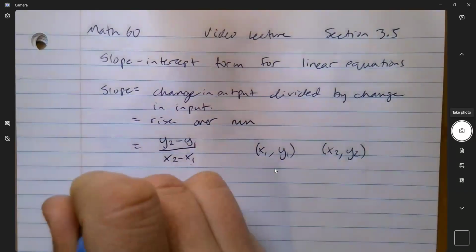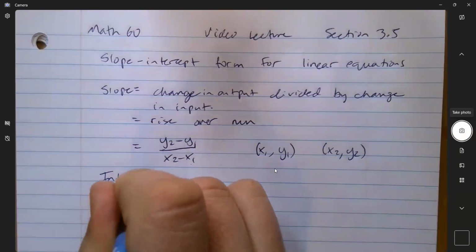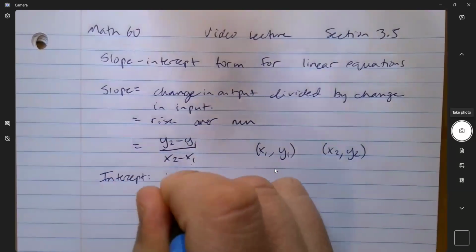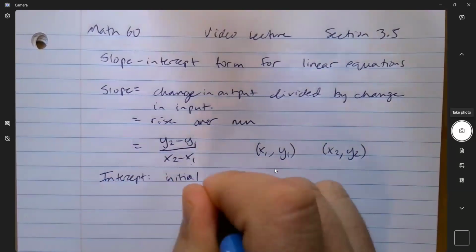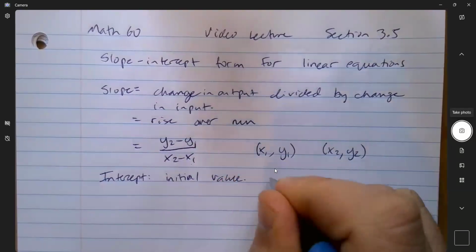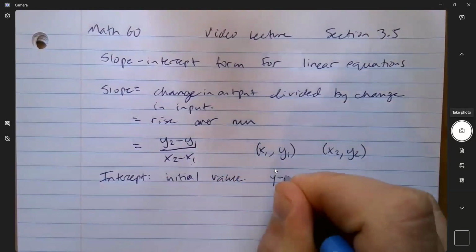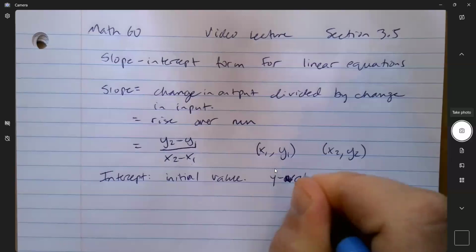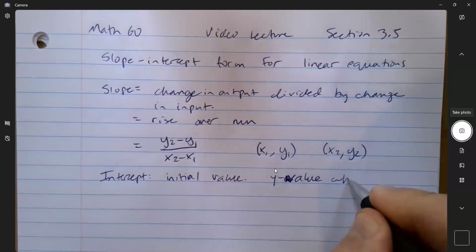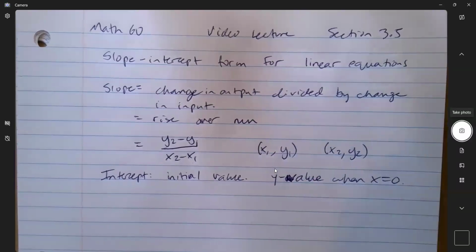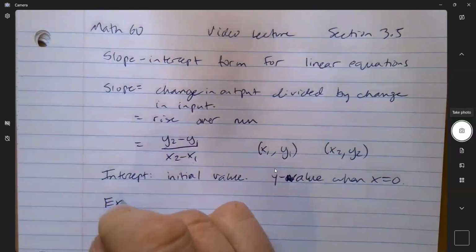The intercept part is the initial value. It is the y value when x equals 0. So let me give you an example.